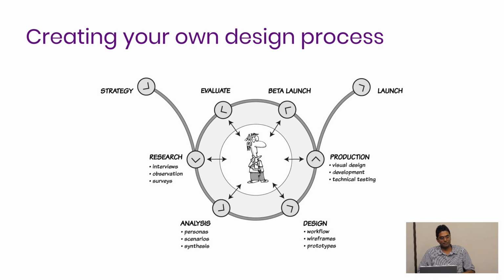We do the basic research where we try to get information through interviews, observations or surveys, and then we do an analysis of the research findings. Then we create personas to understand who we are designing for, and what is to be designed for them. And we go through the design process where we create journey maps, workflows, wireframes and basic prototypes, and we go into visual designs afterwards.